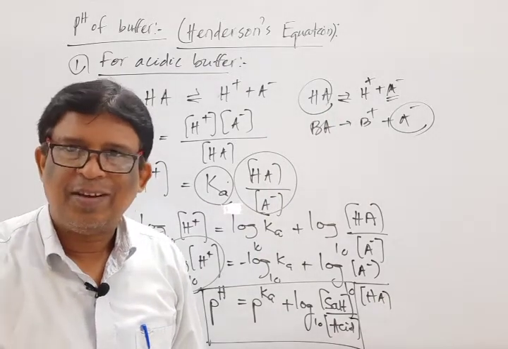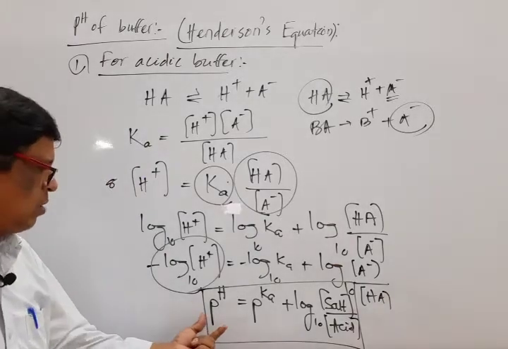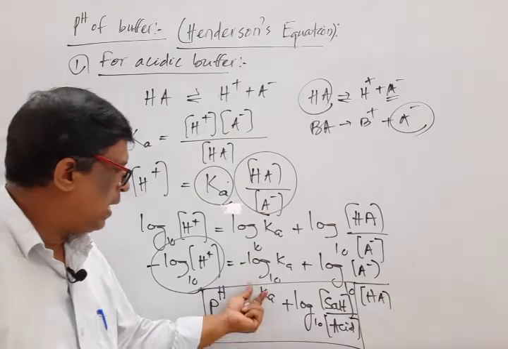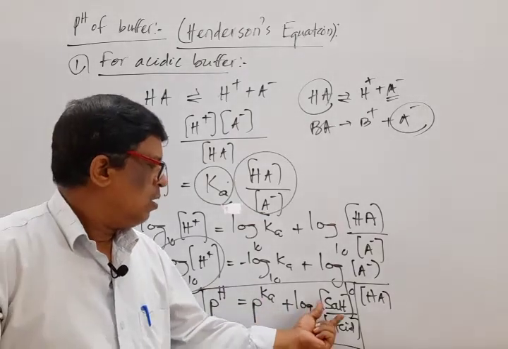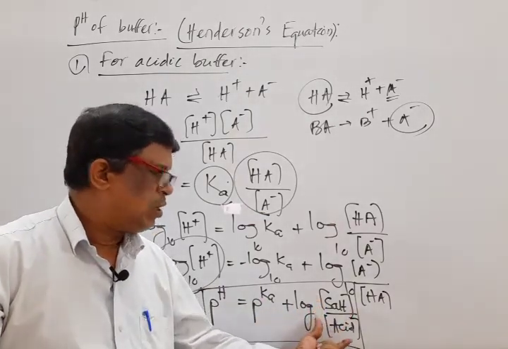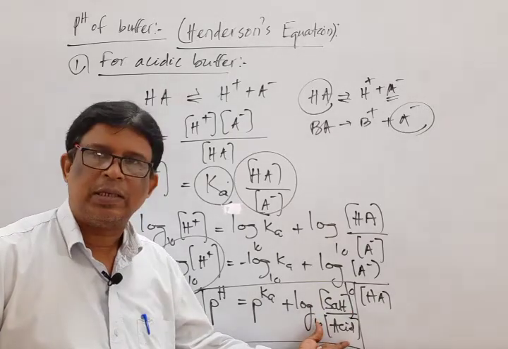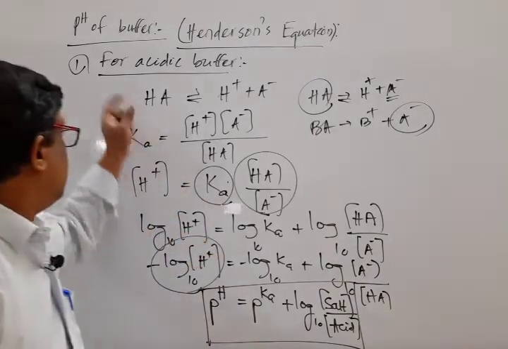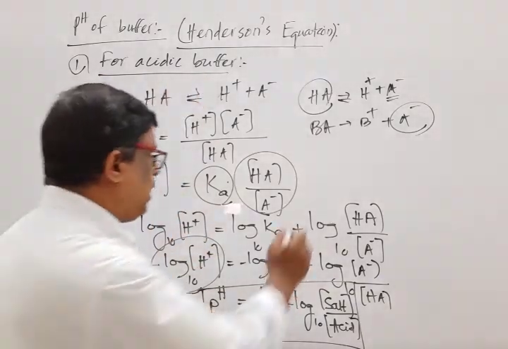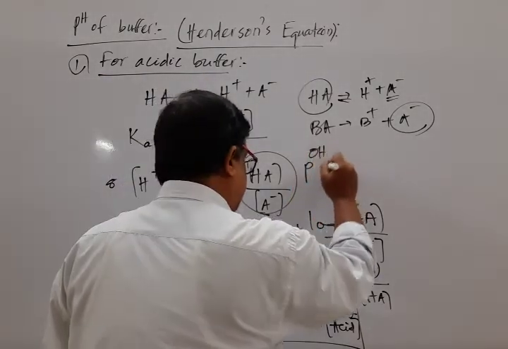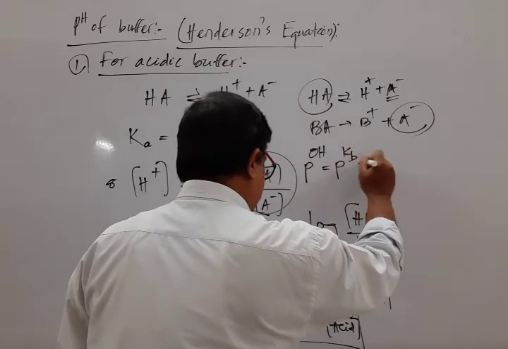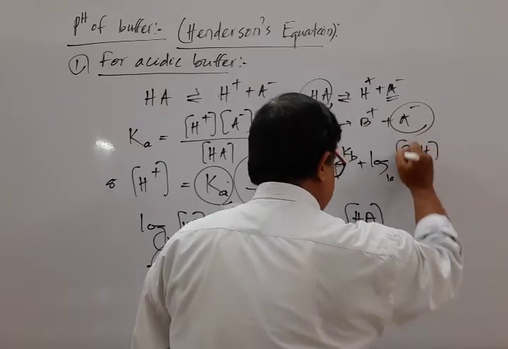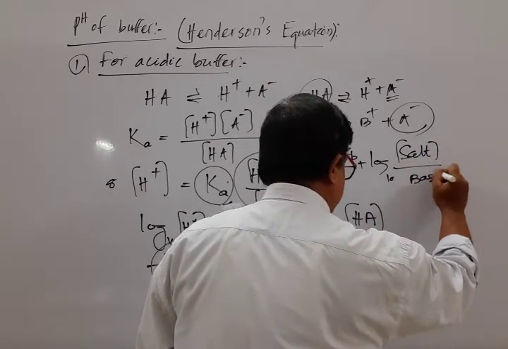Is it clear? Good. So the final expression for an acidic buffer is pH equal to pKa plus log base 10 of concentration of salt by concentration of acid. Similarly, in a similar way, we also calculate for a basic buffer, that is pOH equal to pKb plus log base 10 of concentration of salt by concentration of base.